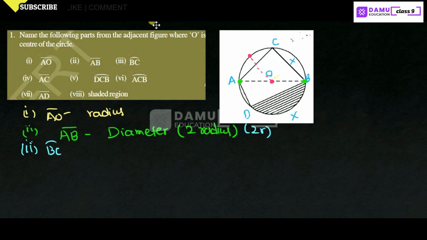Our third one is BC. They have given BC with a curve symbol. When a curve symbol is there, we should remember it is an arc.